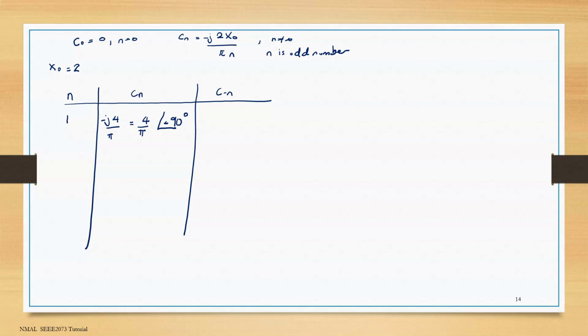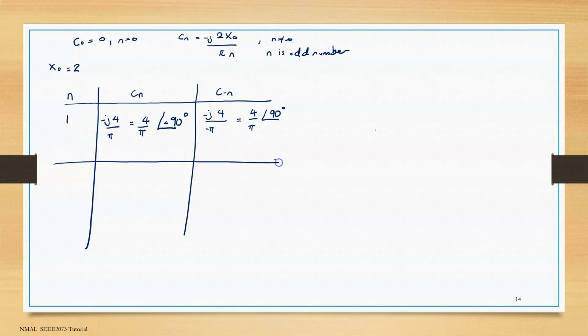We write the negative part too: negative j 4 over negative pi, because n equals negative 1. So it is also 4 over pi, and j is now positive because the negatives cancel out. The angle here is 90 degrees.